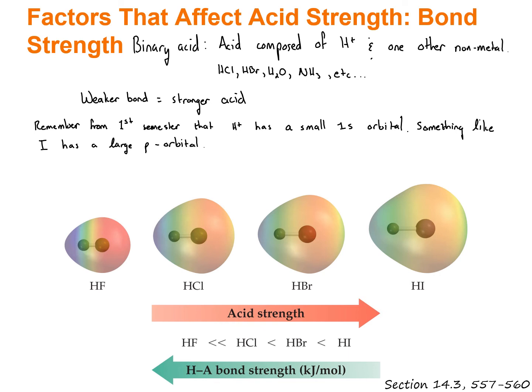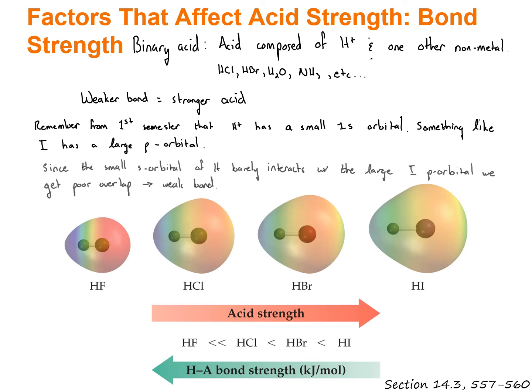If we look at that, it has a large p orbital. And remember, if we have good overlap with those orbitals, we can have a stronger bond. Something as diffuse and large as iodine's p orbital is not going to overlap much with that hydrogen orbital. And so you're going to get very little interaction, and so you expect that bond to be relatively weak.